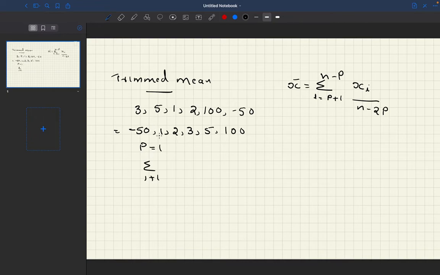Here n is 1, 2, 3, 4, 5, 6, so n is 6. 6 minus 1, then x of i divided by n minus 2p, that is 2 into 1. So here we can say that sigma i equals 2 to 5 of x of i divided by 4.